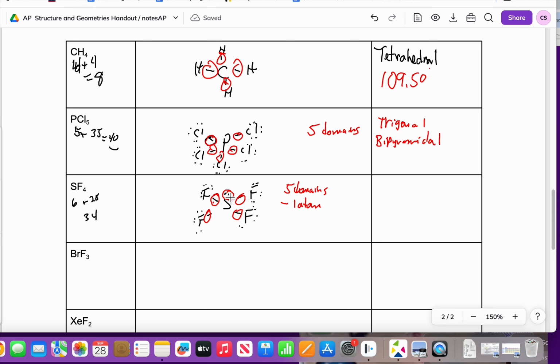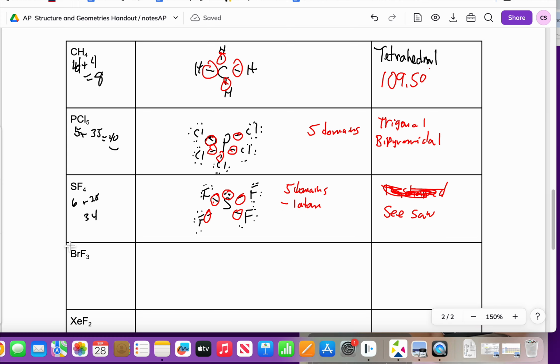So there's still 5 electron domains minus 1 atom. You end up getting a geometry called T-shaped. Or no, that's not T-shaped. What am I doing? That is called seesaw. When you build the model, which we'll do a little bit later, you'll be able to see that.